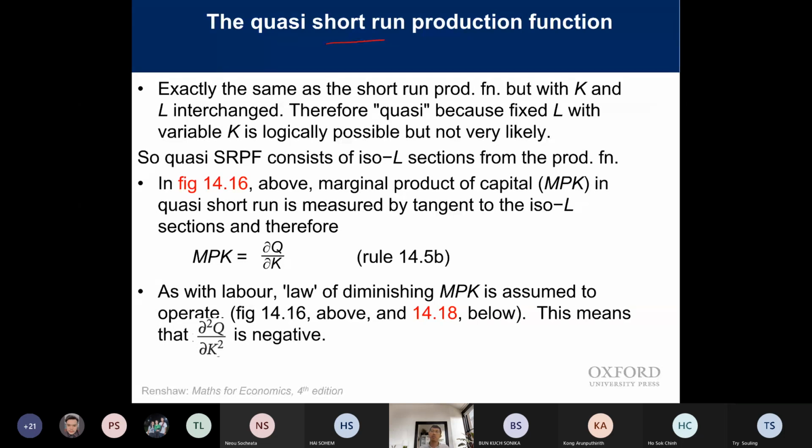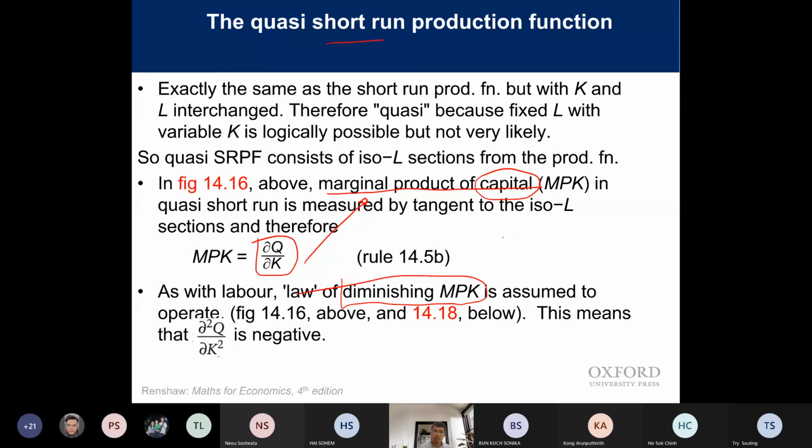But recruiting people is a fast process. So that is called the marginal product of capital, where you keep L fixed and vary K, the capital, and that is nothing but the derivative of the output function with respect to K. We refer to it as the marginal product of capital, and again it must be diminishing. We can explain it with the same reasoning.